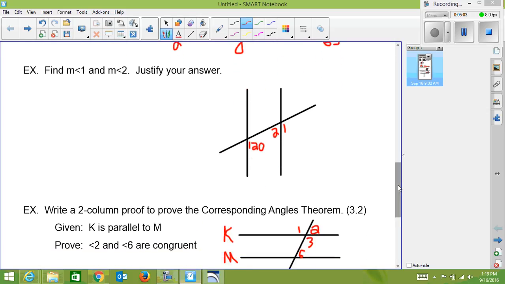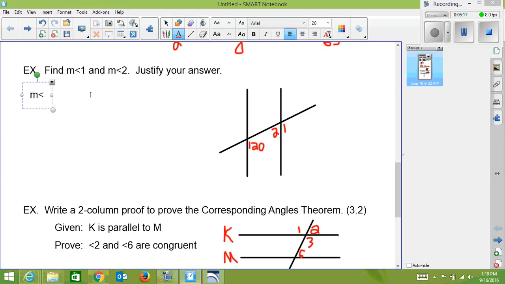So on this one, if I want to find the measure of angles 1 and 2, and I want to be able to justify my answer, meaning I have to give reasons why things are the way that they are, using the theorems and postulates that we just went over, measure of angle 1 equals 120 degrees. How do I know that?